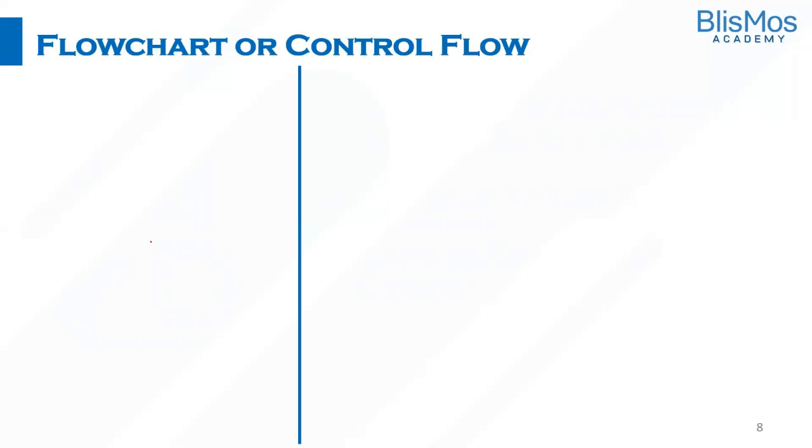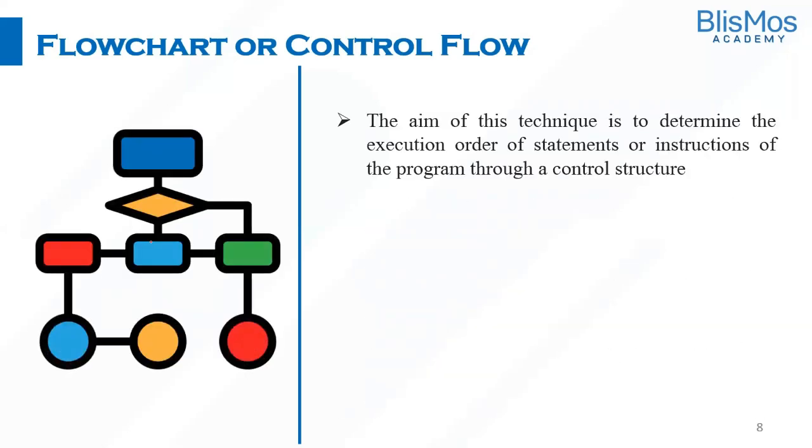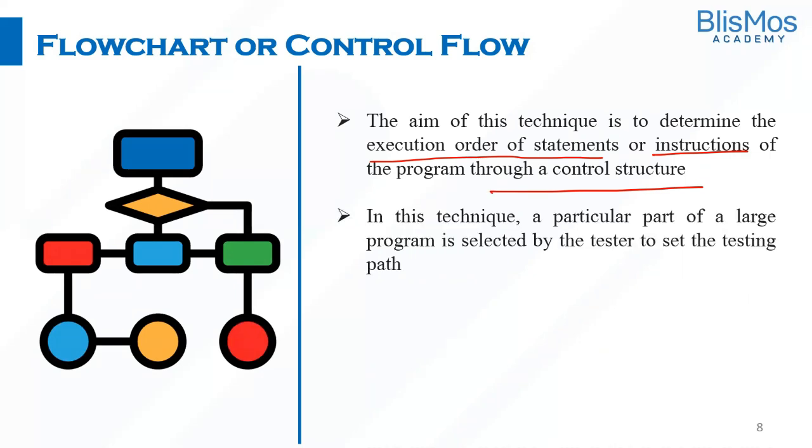Then flowchart or control flow. What is happening here? In this case, we will try to determine the execution order of statements or instructions through a control structure. A part of a large program will be selected by a tester to test the testing path.